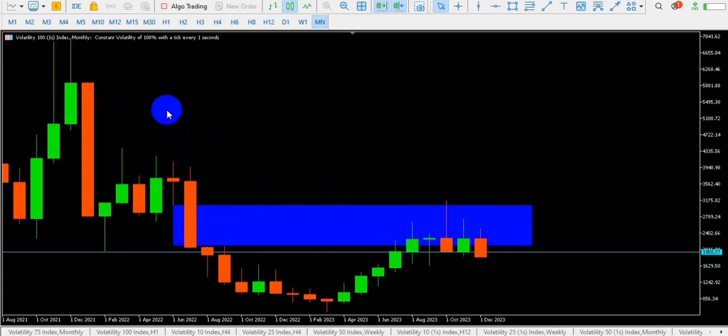So now we have to work with the PDRAs. On this PDRA we have a fair value gap. Now what did the market do into it? The market went into that CB, filled it, and this became a balanced price range, right? The wicks overlap this inefficiency. So this is a balanced price range.